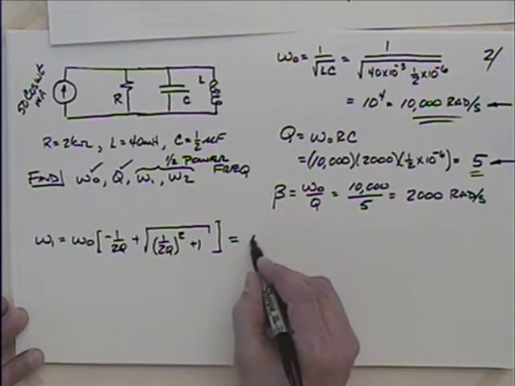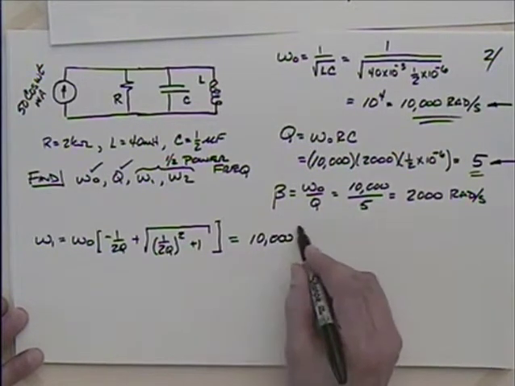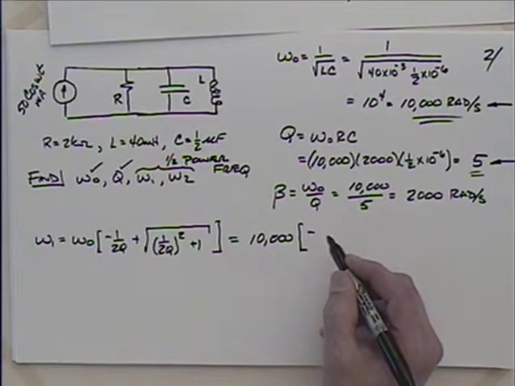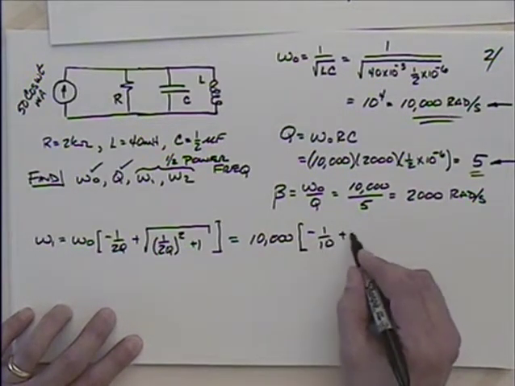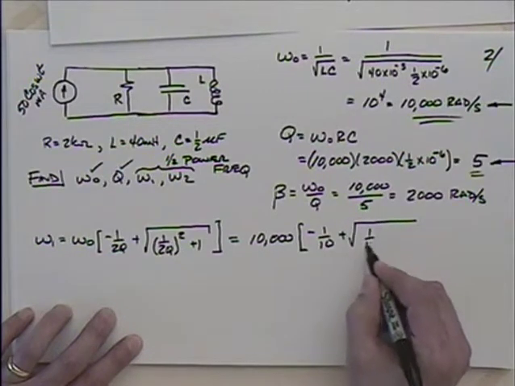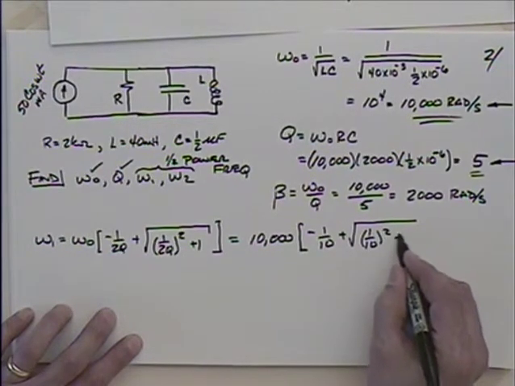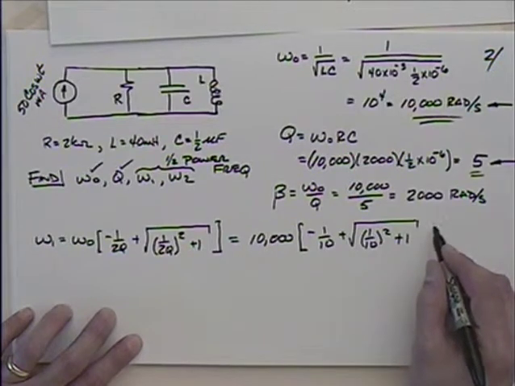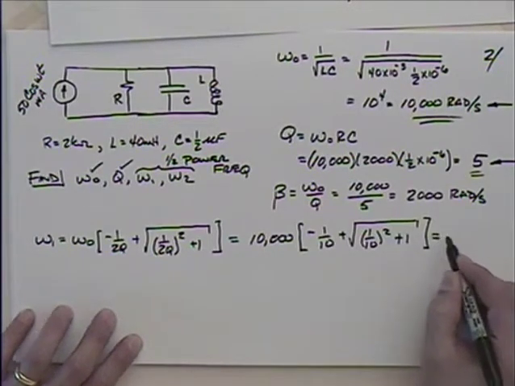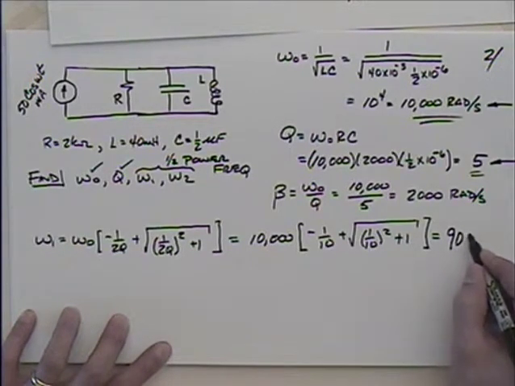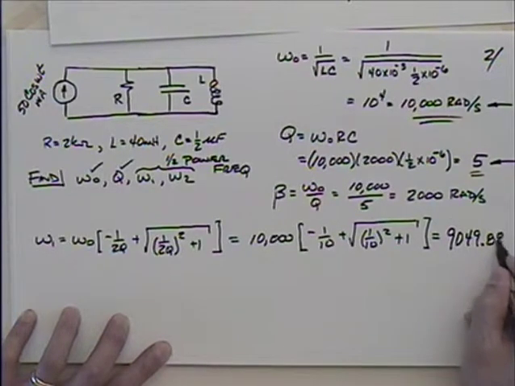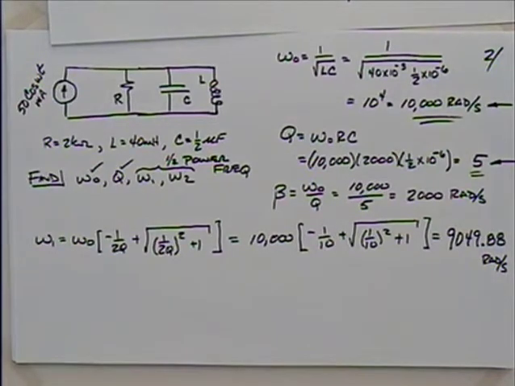So that is 10,000 times minus q is 5, so minus a tenth plus the square root of a tenth squared plus 1, which turns out to be 9,049.88 radians per second. We've got too many significant figures there, but I'm going to play around with that number.